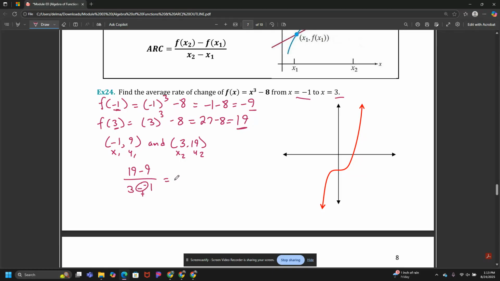Circle my minuses, turn them to plus. Oh, that's a negative 9. That's a oopsie daisy on my end. That negative sign snuck up on me. So it's 28 over 4, which is 7. So my m is 7.